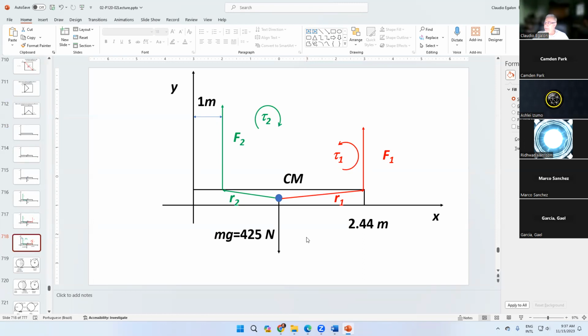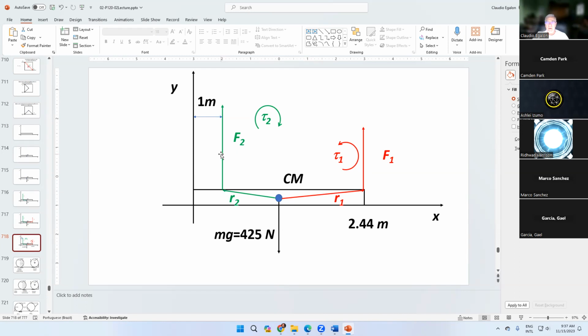Okay, light went out again. Let's cross the figures. And by the way, torque must be taken with respect to any point that you consider. In this specific case, we are taking the torque with respect to the center of mass of this object.